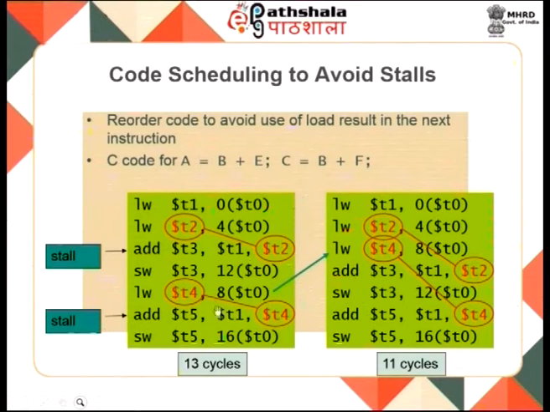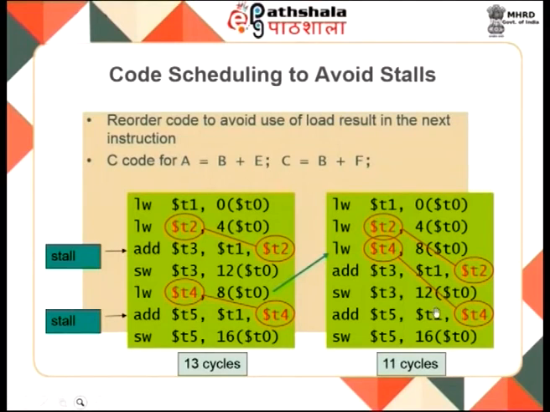Instead, if you shift this load instruction here, you are doing a reorganization of the code. By the time the dependent add comes in, the load has already executed, and with forwarding it is possible to solve this problem. So, the original code took 13 cycles for execution, while the reorganized code takes only 11 clock cycles. So, it is possible to avoid these hazards by reorganizing the code and doing proper code scheduling.